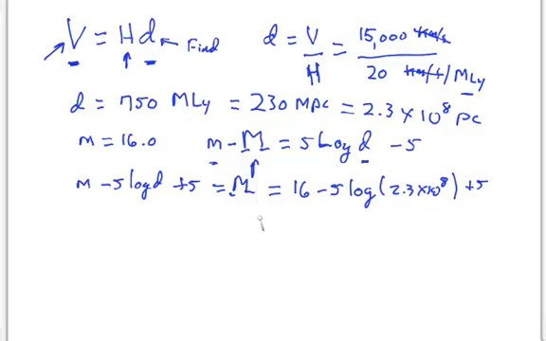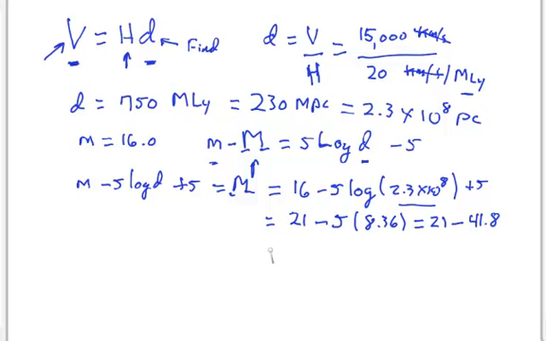And if you work this out, this will turn out to be 16 plus 5, that's 21, minus 5 times the log of 2.3 times 10 to the 8th, which you can look up and it'll come out to be 8.36. That means this will be 21 minus, if you work this out, 5 times 8.36 is 41.8.